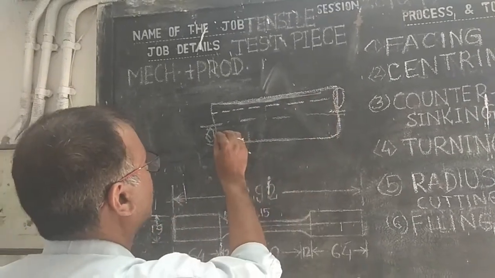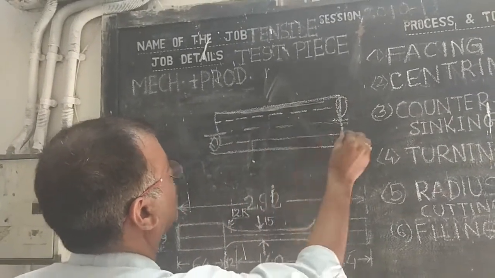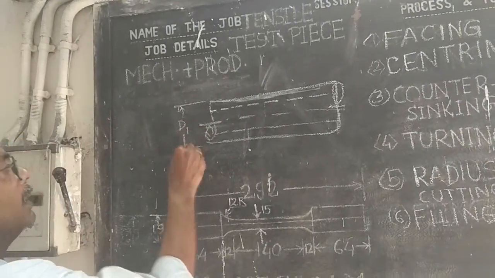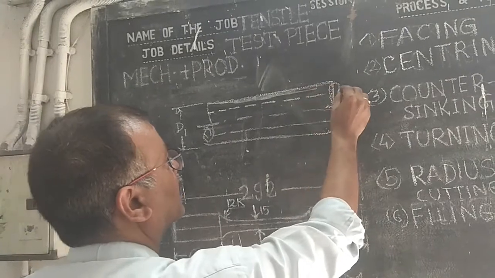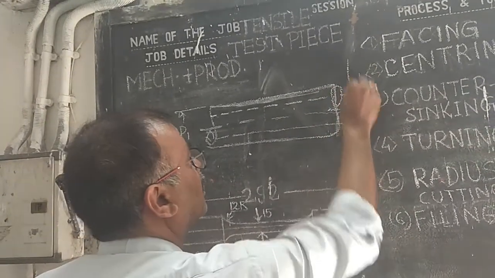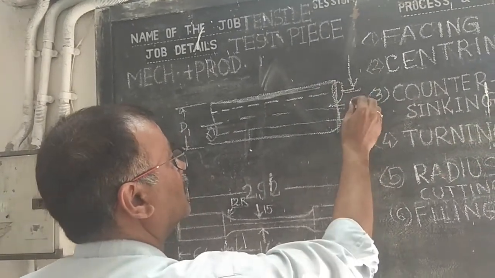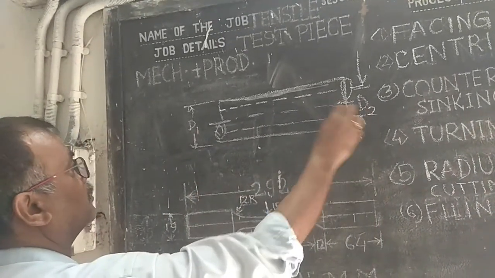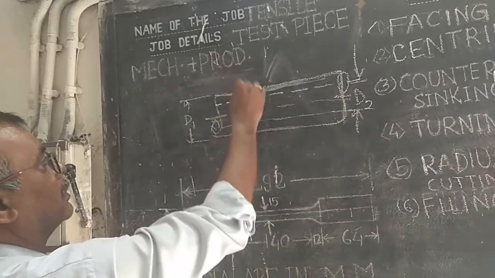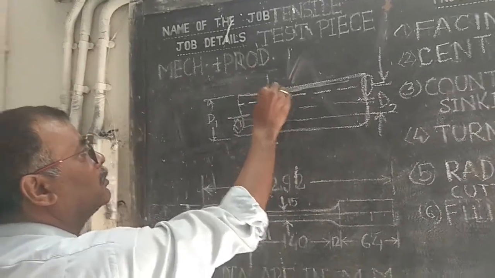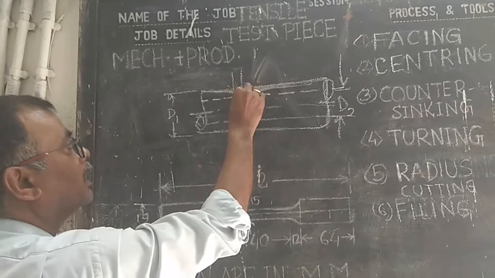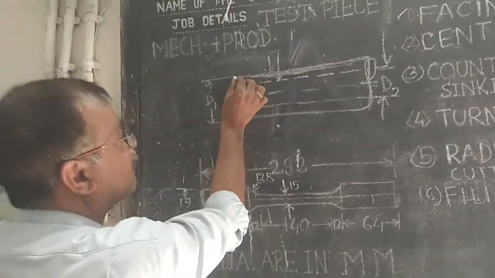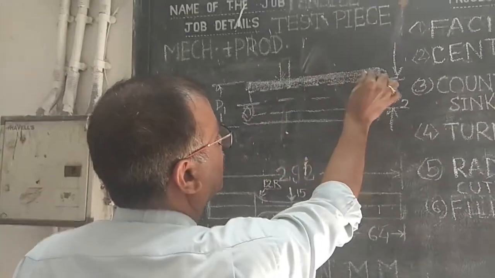The original diameter is D1, and the final diameter we want to make is D2. So the tool has to move from here to here during cutting, and we will remove this much material from one side.